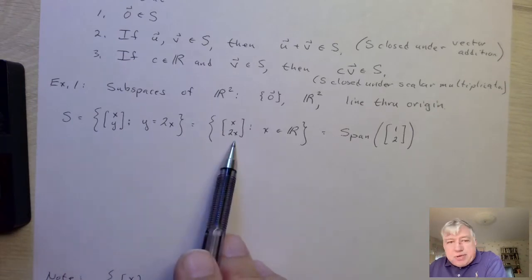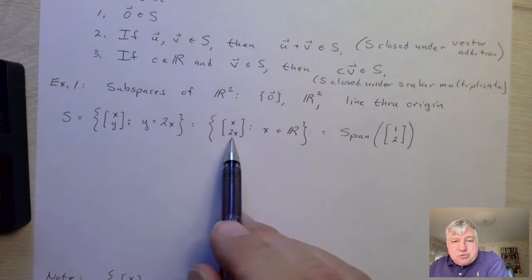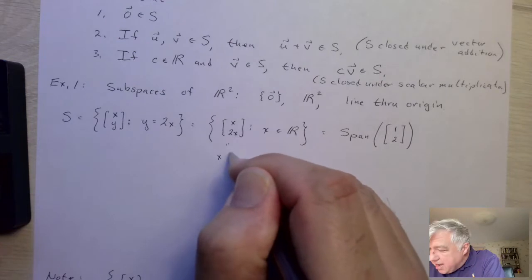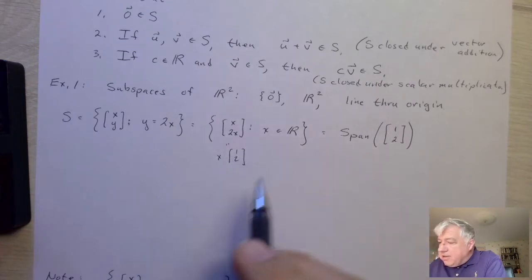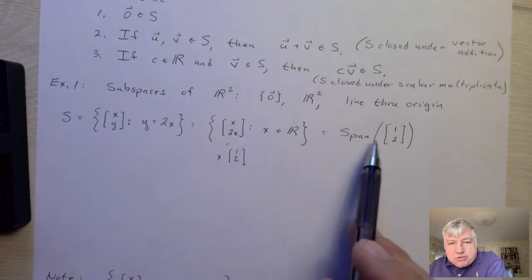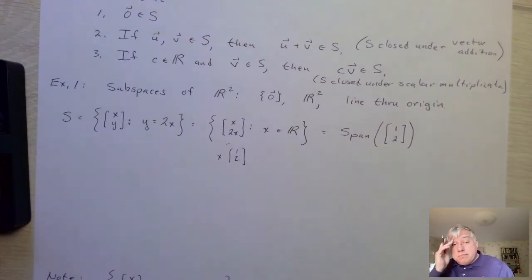Since y is 2x, we can substitute, so the column vectors are just (x, 2x), and then we can factor out an x. This is really just x times the vector (1, 2), and x can be any real number. So this actually turns out to be the span of the vector (1, 2).